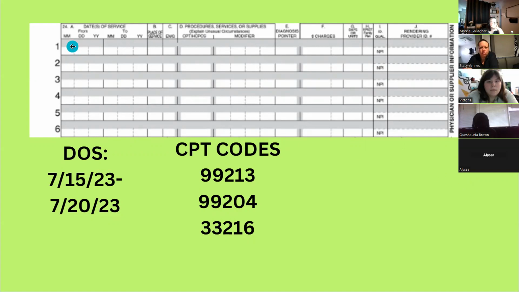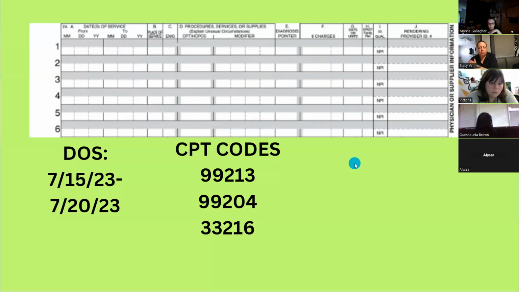This is towards the bottom portion of your CMS 1500 form, and 24 says dates of service. So what you would have to put is the service started on 7/15/23 to 7/20/23. Now, I want to talk to you about this for a second.